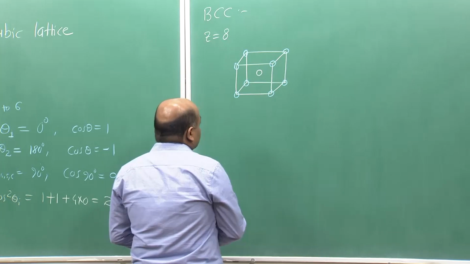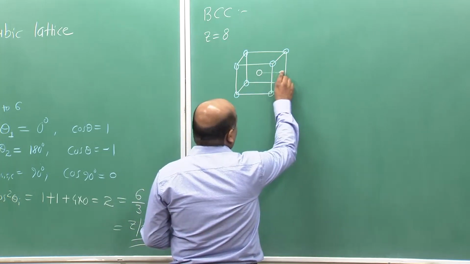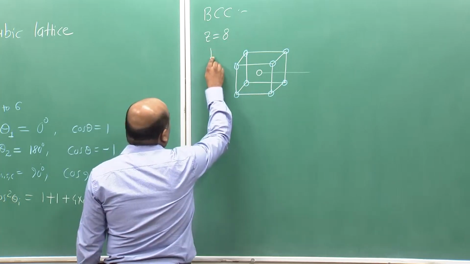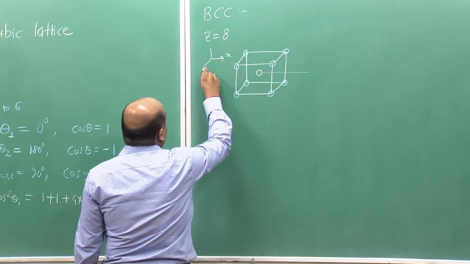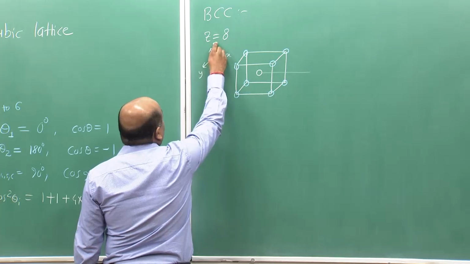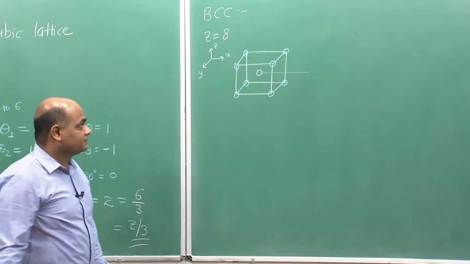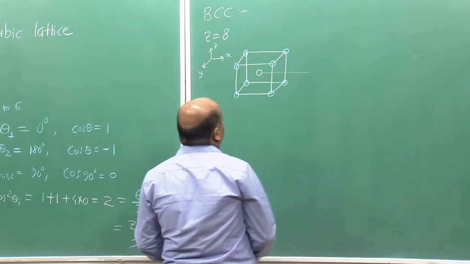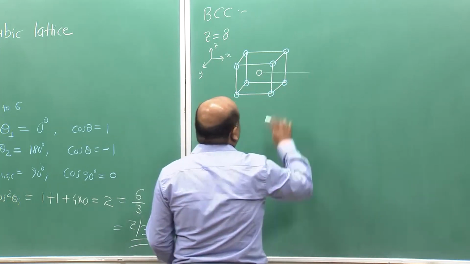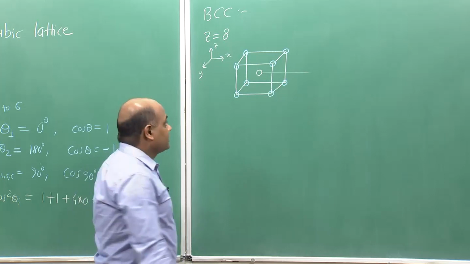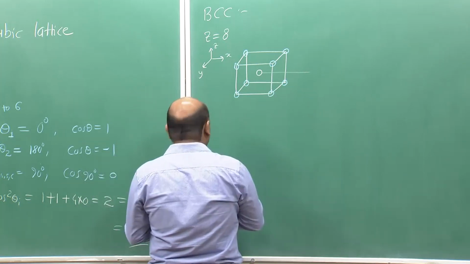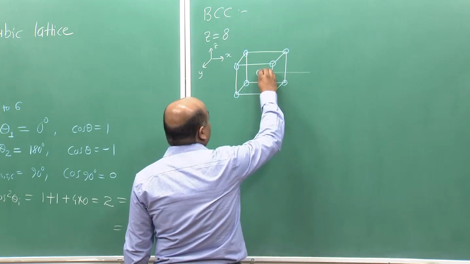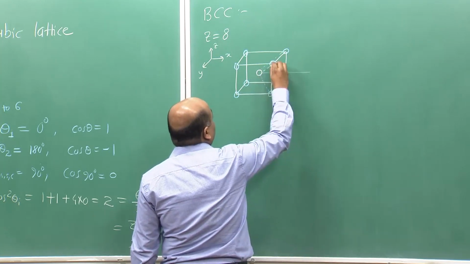If this is our x direction, let us call this x, y, z, and this is the diffusion direction, then we have 4 jump vectors which are making the same angle.